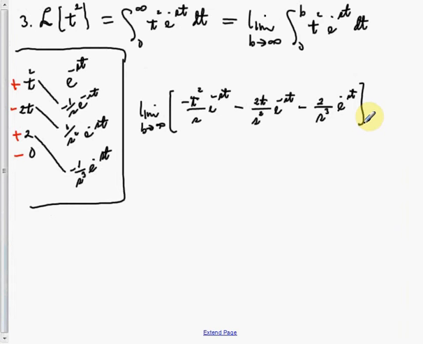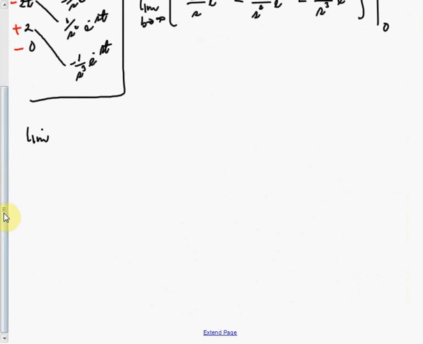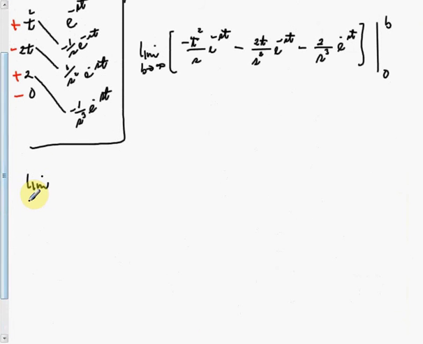All right, so here t is evaluated from 0 to b. Let's plug that in. It's the limit as b goes to infinity.